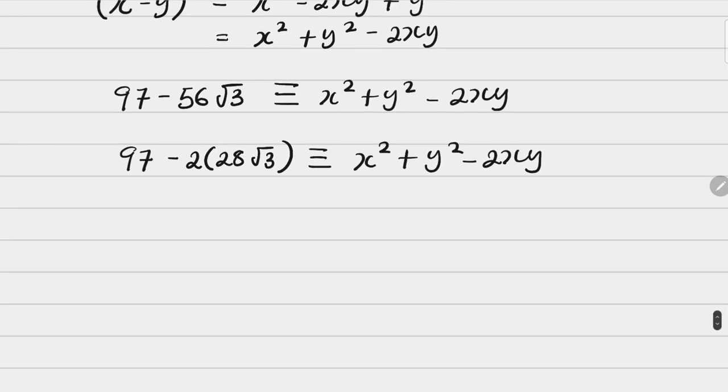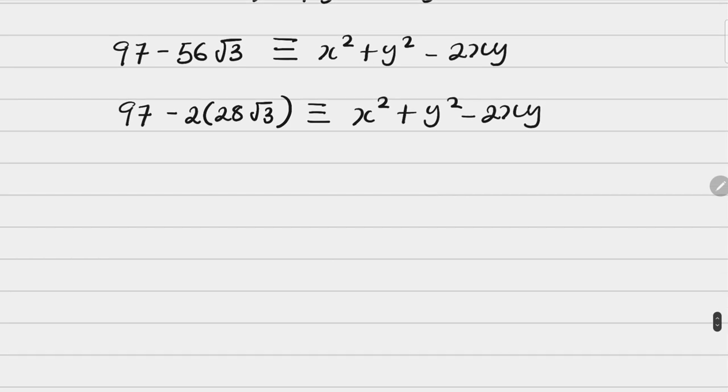What I'm trying to do here is simplify what we are being given to find the fourth root. You can see that x squared plus y squared is equal to 97. Let's take note of that.